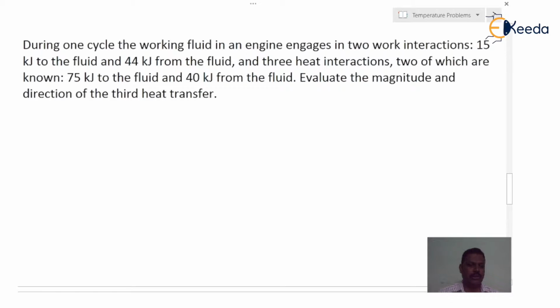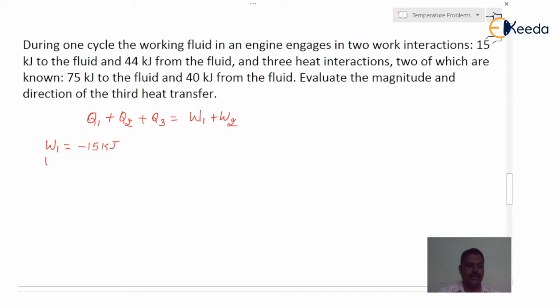So here it is clearly given that Q1 plus Q2 plus Q3 equal to W1 plus W2. So now let us list the given data. Here W1, first work interaction, is 15 kilojoules to the fluid, so W1 equal to minus 15 kilojoules because work is done on the system.